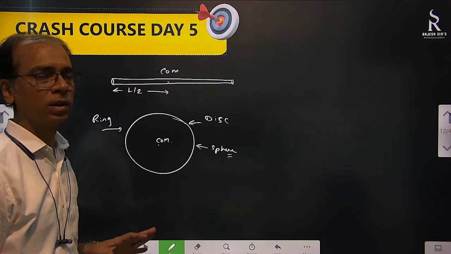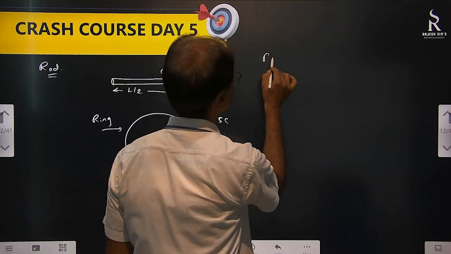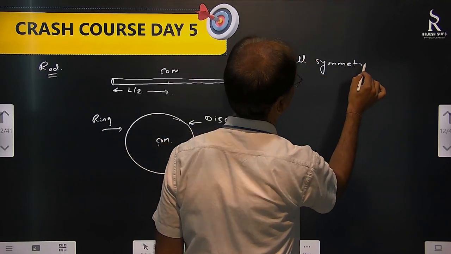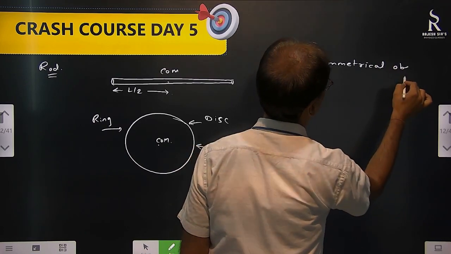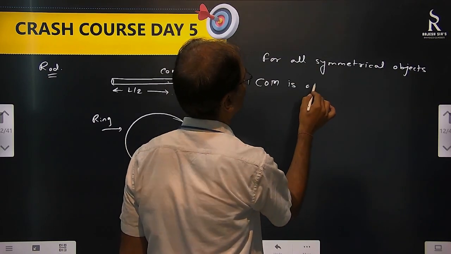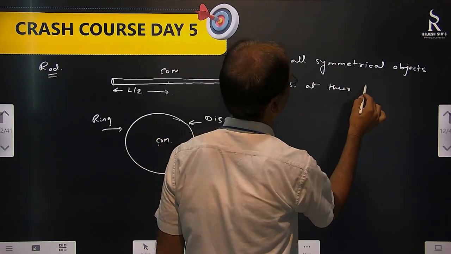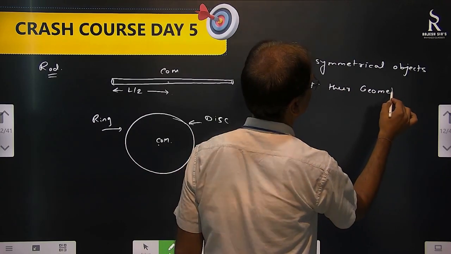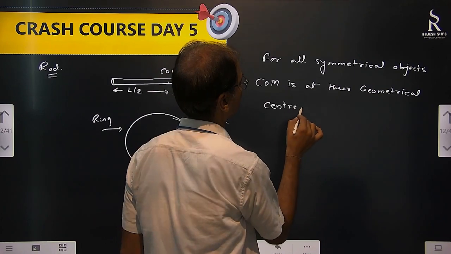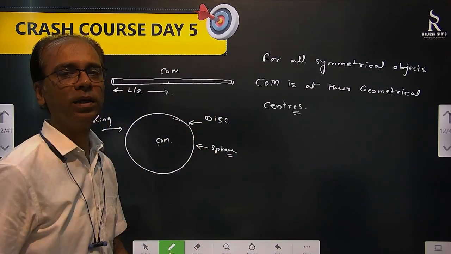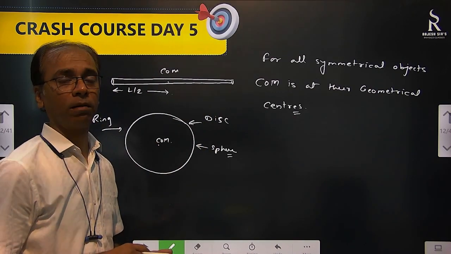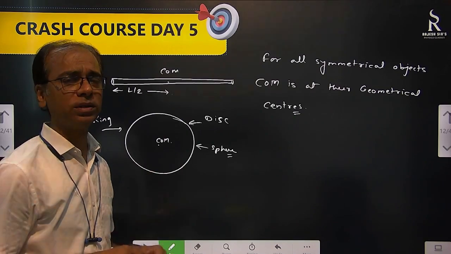For all symmetrical objects, center of mass is at their geometrical centers. Like a triangular plate, it will be at its centroid. Rectangle, at the center; square, at the center.